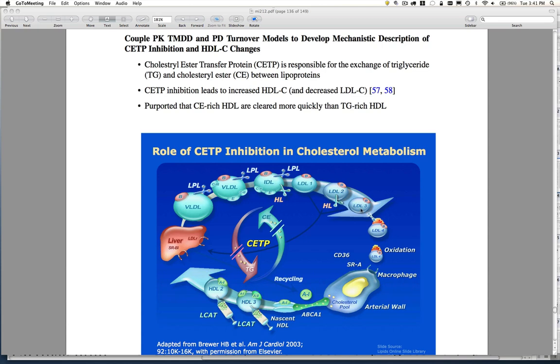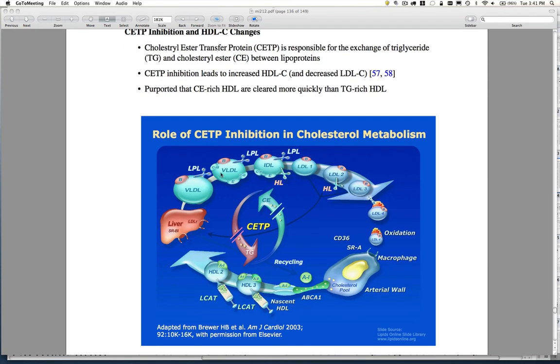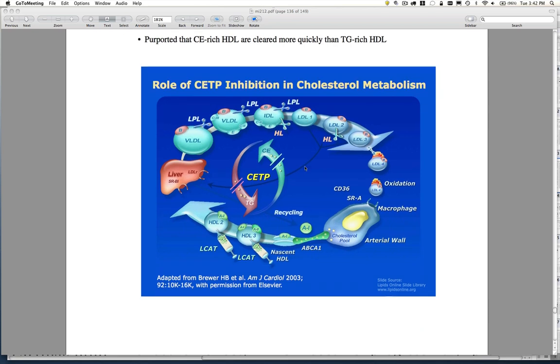These LDLs are cleared more slowly as they move from 2 to 3, and so by blocking this conversion along here, these are cleared more quickly than these, and so you get a decrease in LDL. So that's the theory behind how inhibition of CETP leads to an increase in HDL and a decrease in LDL.